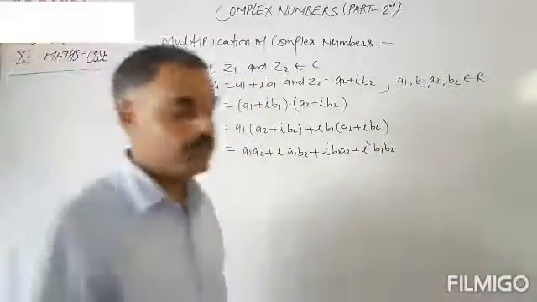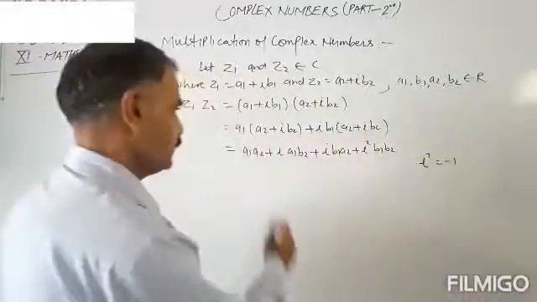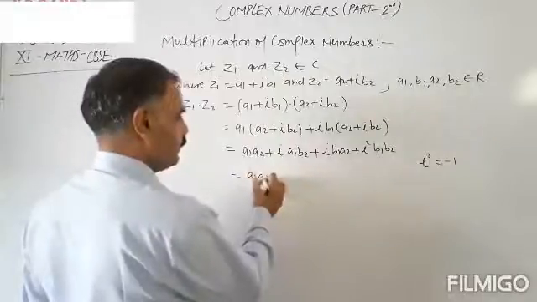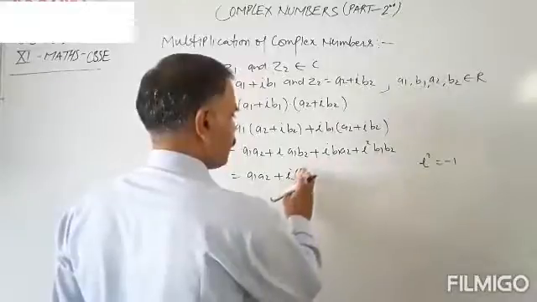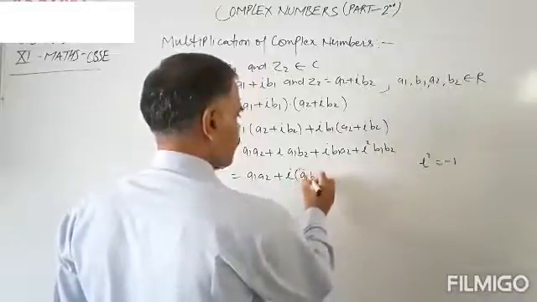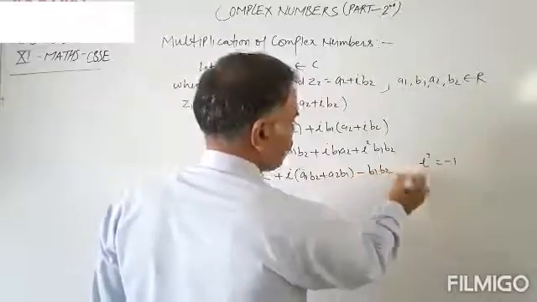Okay, and we know that iota square is equal to -1. So this becomes A1 A2 plus iota, taking iota common, we will have A1 B2 plus A2 B1, minus B1 B2.